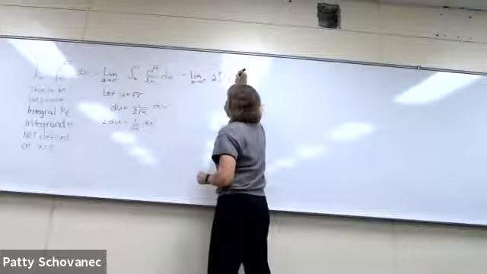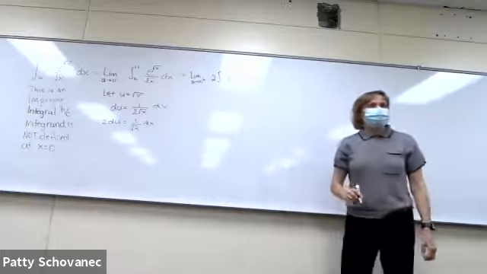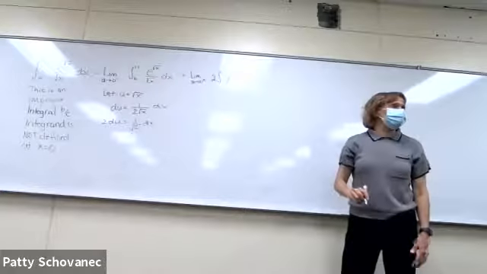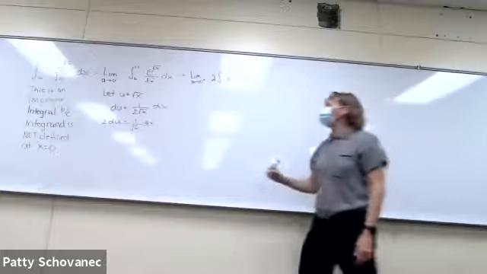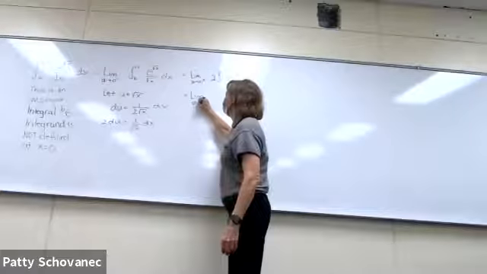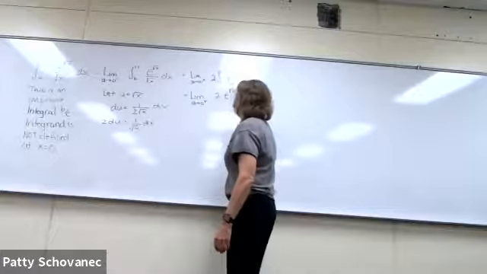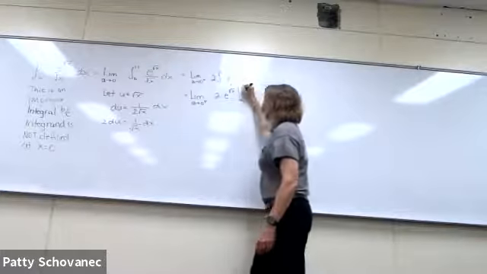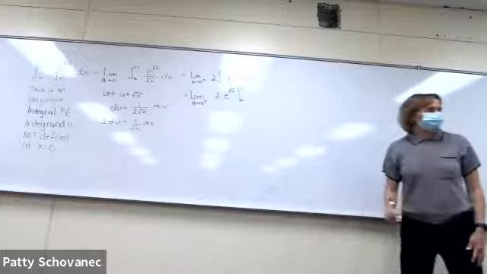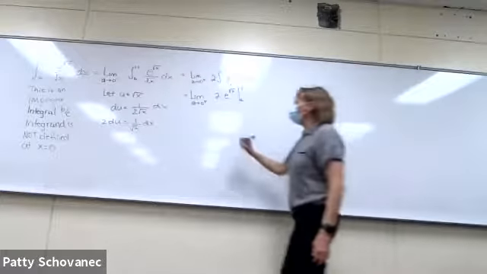Then we're integrating e to the u. When you integrate e to the u, you get e to the u. And in this case, u is the square root of x. So I'll put 2 steps in one. Put the 1 in there for x, put the a in there for x.